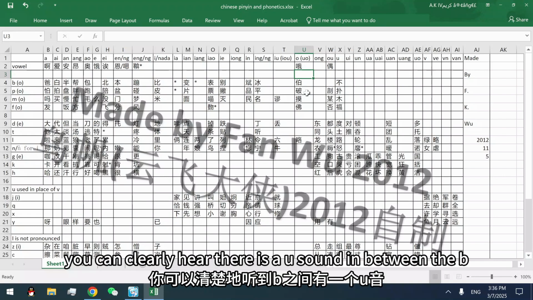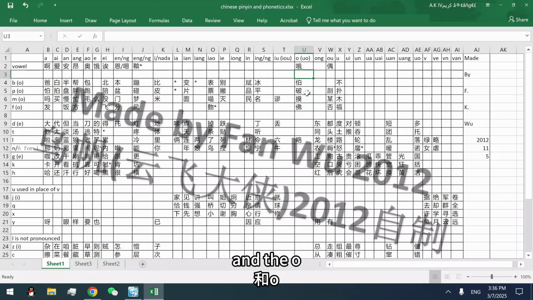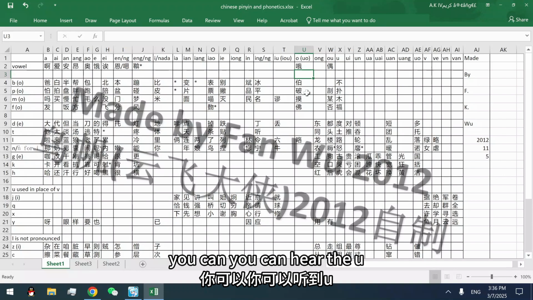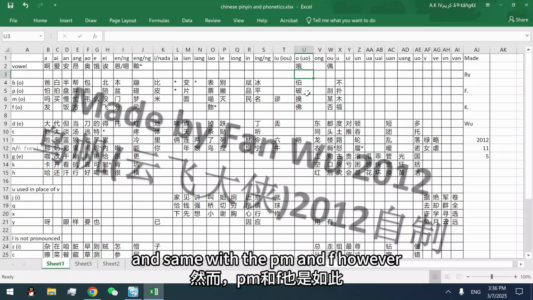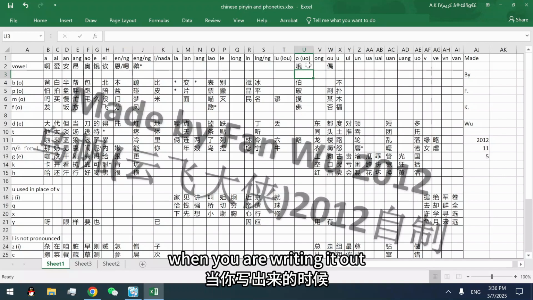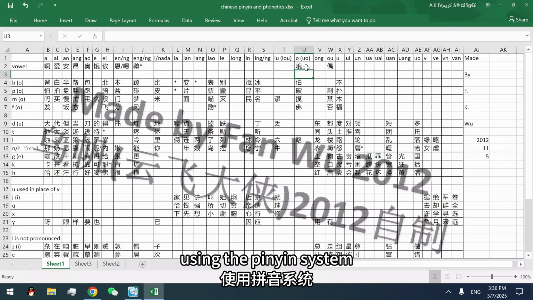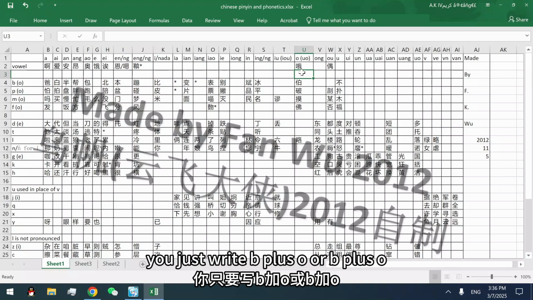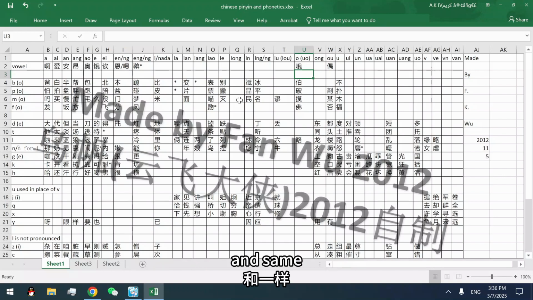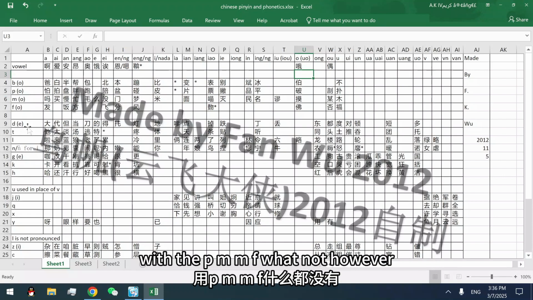You can clearly hear that there's a U sound in between the B and the O. Bo, U, O, bwo. Okay, you can hear the U there. And same with the P, M, and F. However, when you are writing it out using the pinyin system, you just write B plus O, and same with the P, M, F.